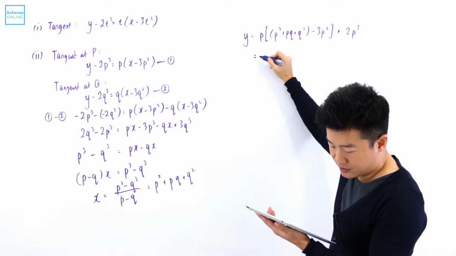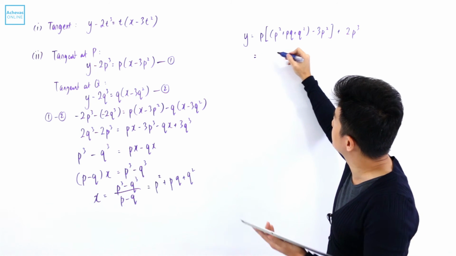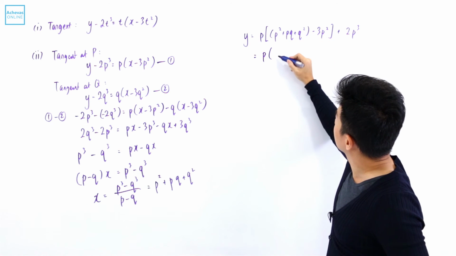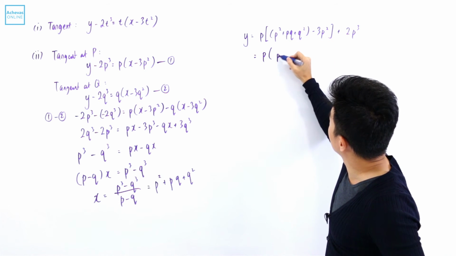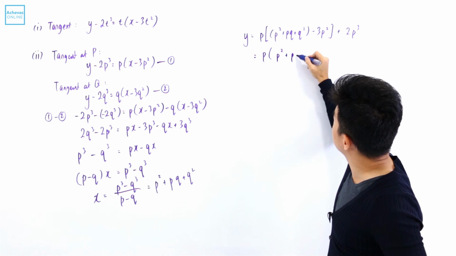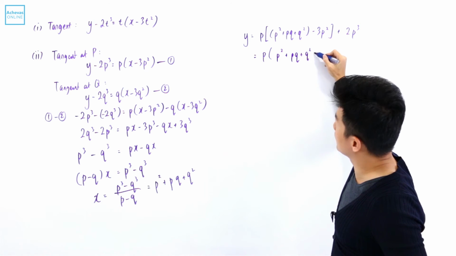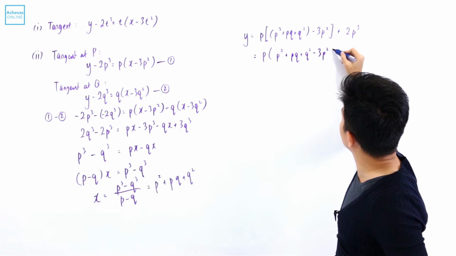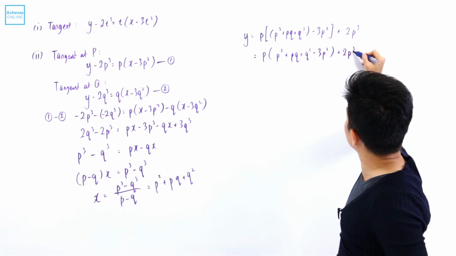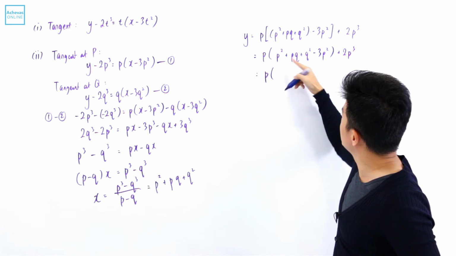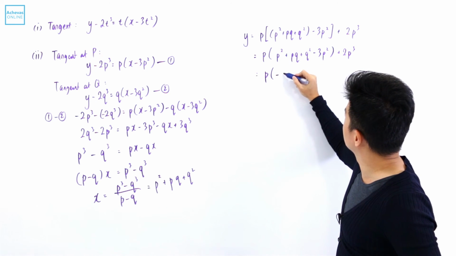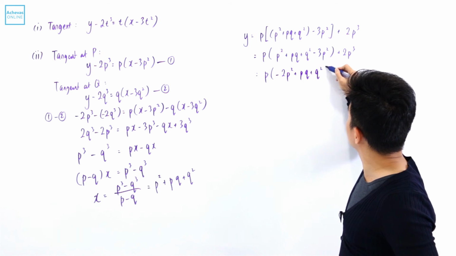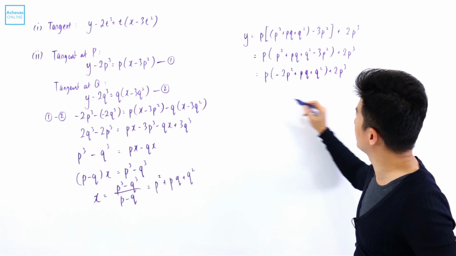So y over here, if I were to expand this, is going to be equal to p multiplied by p squared plus pq plus q squared, minus 3p squared plus 2p to the power of 3. This is p, this and this, it is going to be minus 3p squared plus 2p to the power of 3.